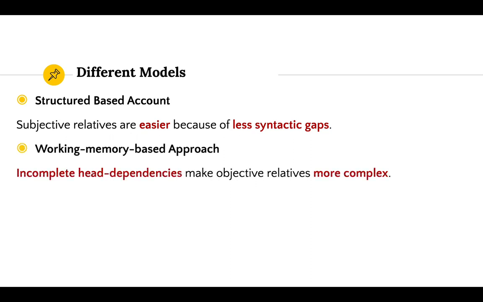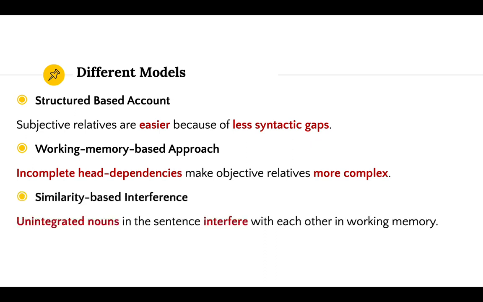While working memory-based approaches differ from syntactic-based approaches in that they rely on functional factors such as cognitive resources and integration constraints. They propose that the storage of incomplete head dependencies in phrase structure causes the increase in complexity in object-relative sentences compared to subject-relative ones, so object-relative sentences are harder.